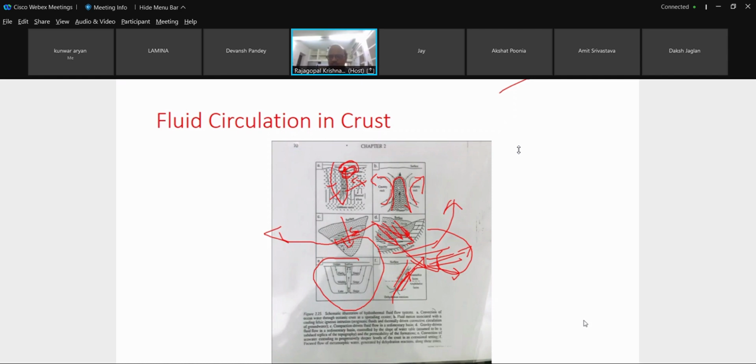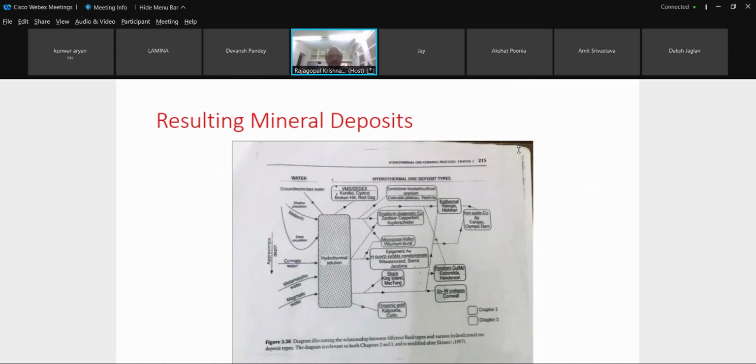Let me ask someone. Let me ask Devansh. Devansh? Yes, sir. Have you heard of first order, second order structures? Devansh Pandey, please read. If you want to understand, you have to read.